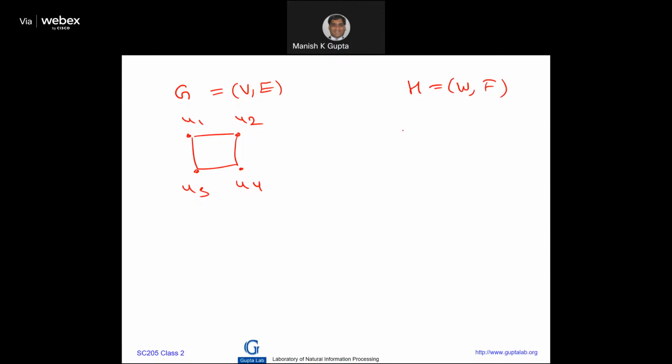And here it is V1, V2, V3, V4. So if you observe these two graphs, are they isomorphic? The question is, are they isomorphic?